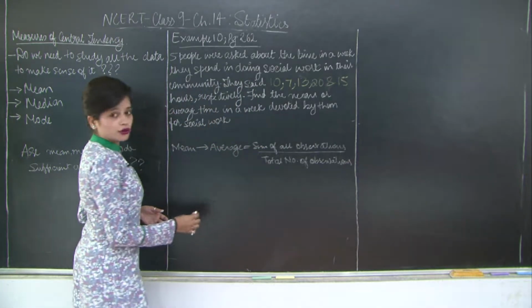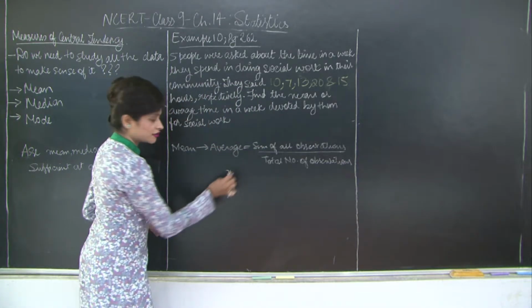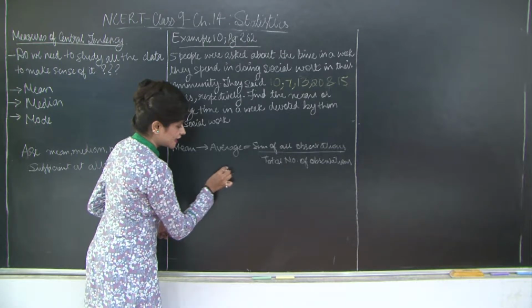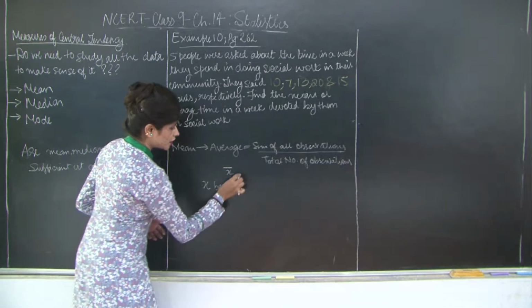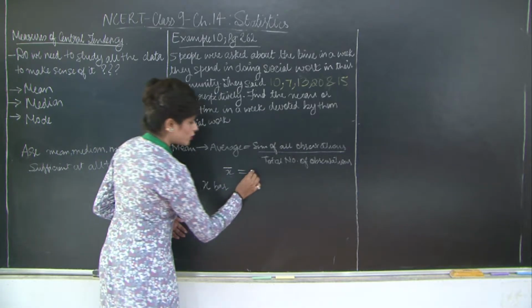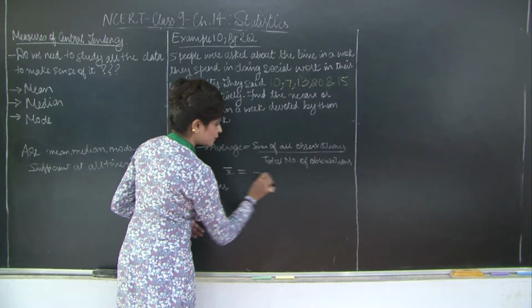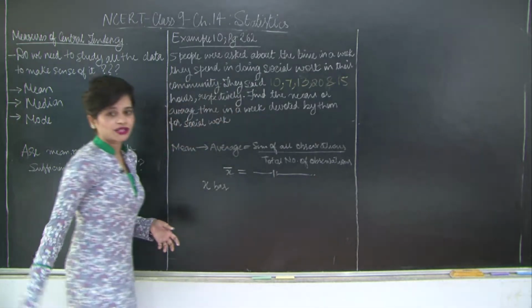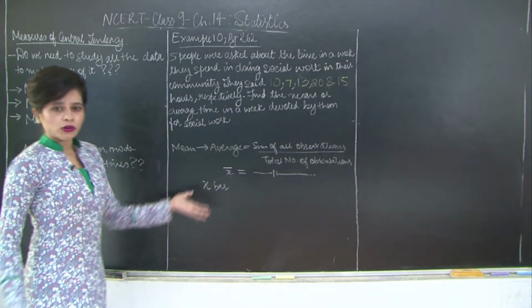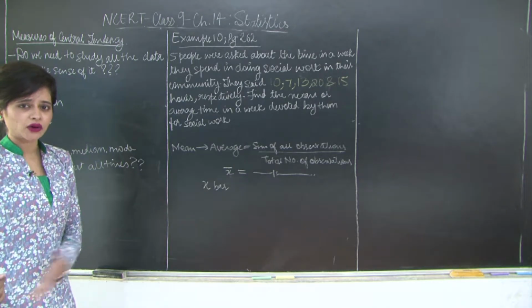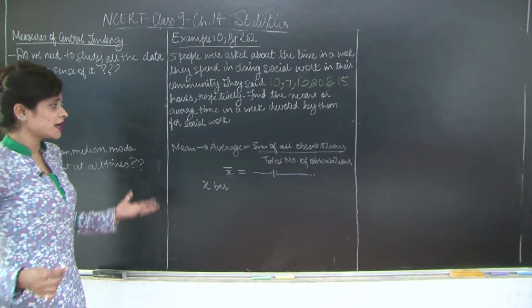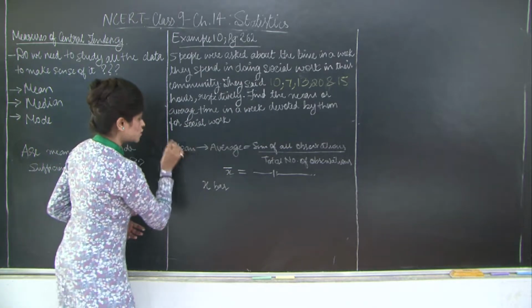It is usually denoted by any variable, so I am taking x with a bar and it is read as x bar. So x bar is equal to the sum of all observations upon the total number of observations. I will also tell you what exactly median and mode are, but I am not going to go into detail right now. That will come along in the forthcoming lectures with examples. So this was your mean.